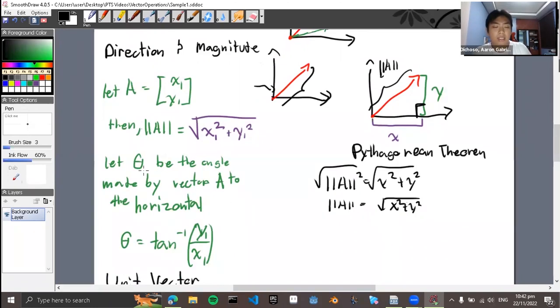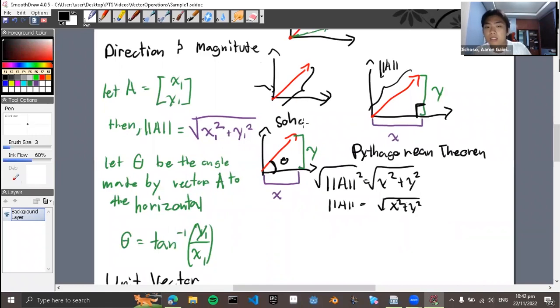To get the direction naman, there is a different way of deriving it. So it says here, let theta be the angle made by the vector A to the horizontal. So it can be represented as such. Say this is our vector. Therefore, theta would be this angle. Now, as established before, this is our x component. And this is our y component. So, if you would think back to geometry, trigonometry pala.